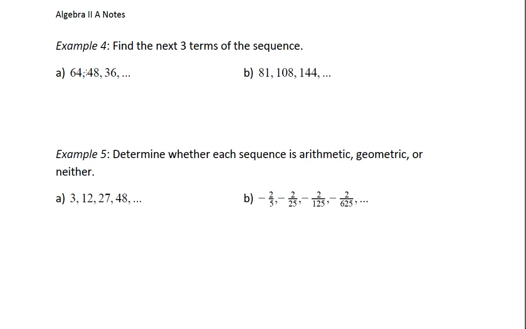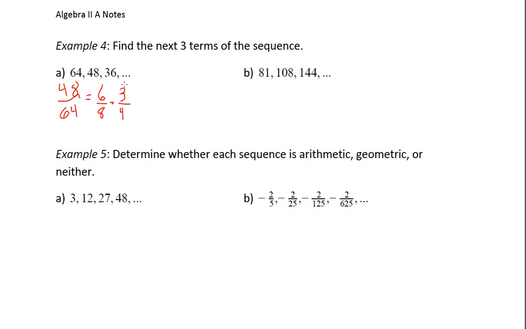So we're going to have 48 over 64. Those are both divisible by 8. So we'll get 6 over 8. Okay, we had to go farther, so that is 3 over 4.